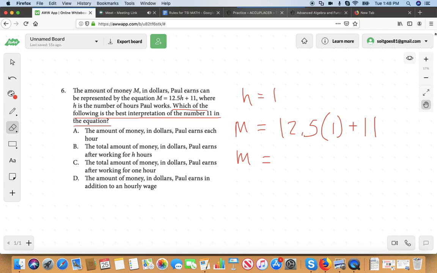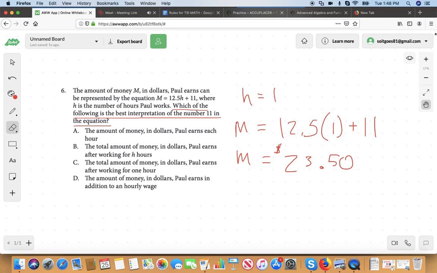Yeah, let's try to be more specific. 23.5. Okay? Does that make sense? Yes. Okay. So again, let's make this concrete. This means after Paul's worked 1 hour, he's made $23.50. Does that make sense? Yeah.